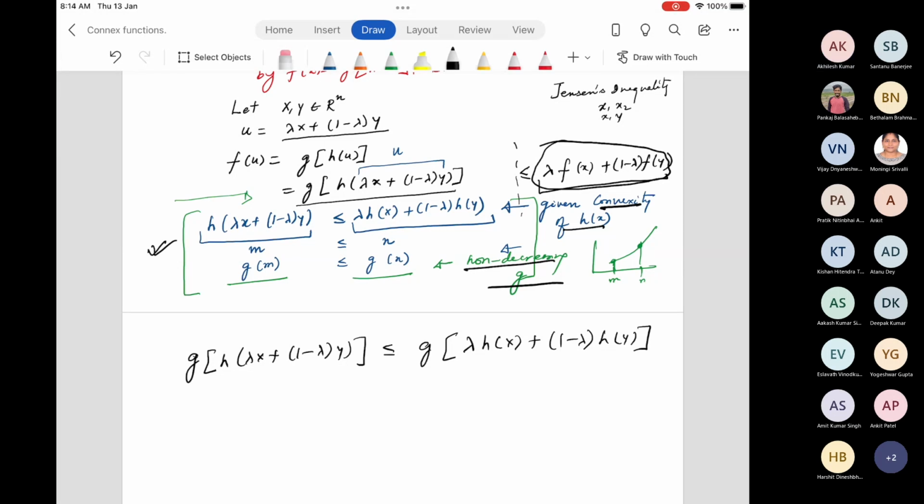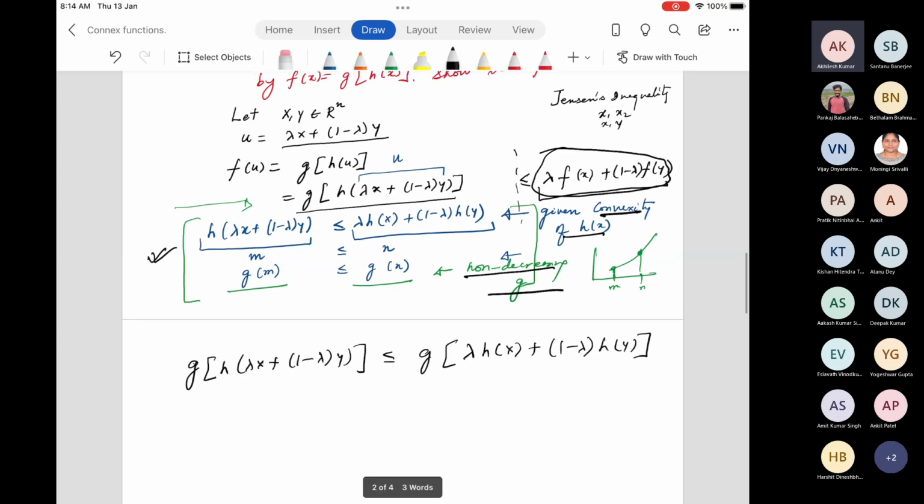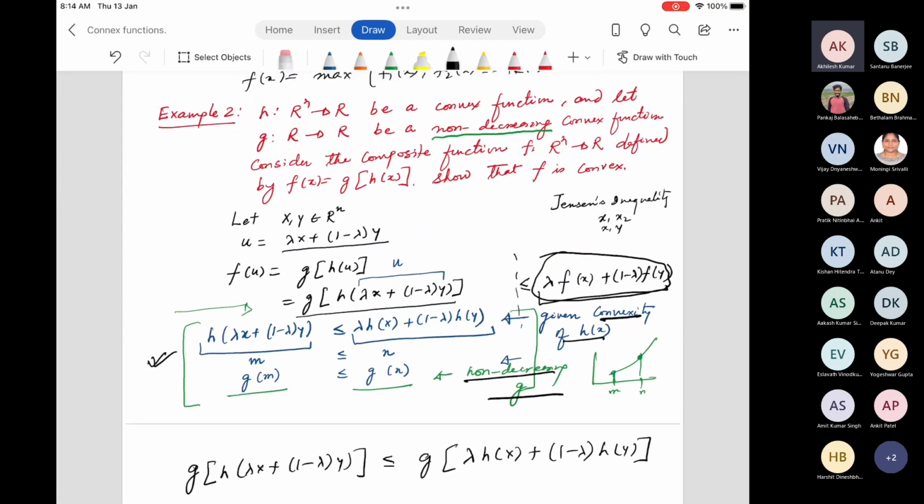So it is given that f of x is equal to g of h of x. How do you write f of x directly from here? See, the composite function is definitely defined as f(x) equals g of h(x).